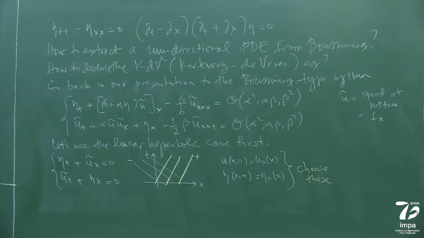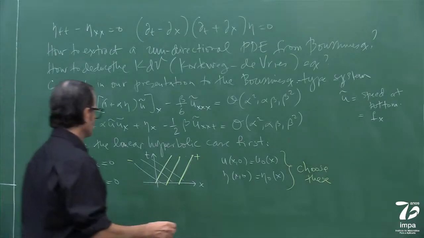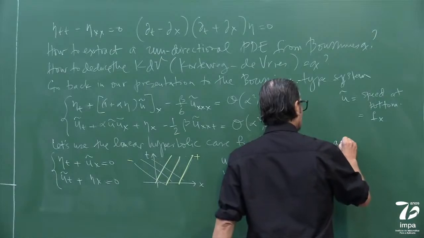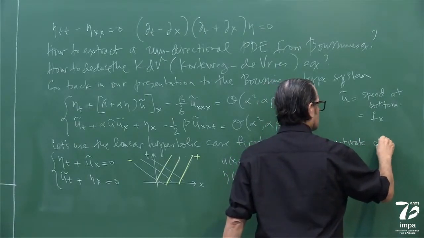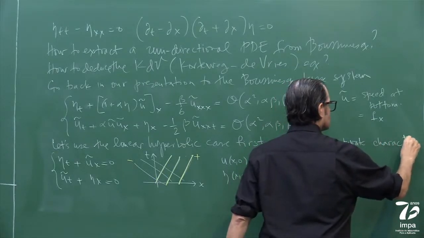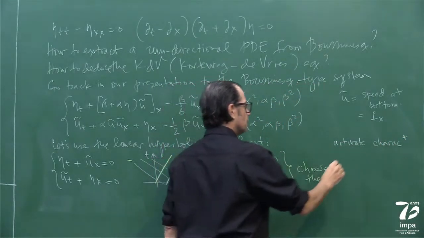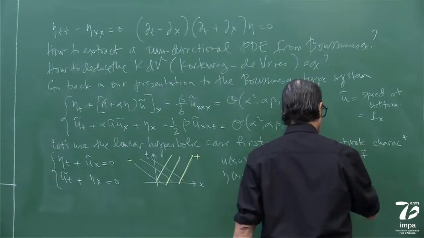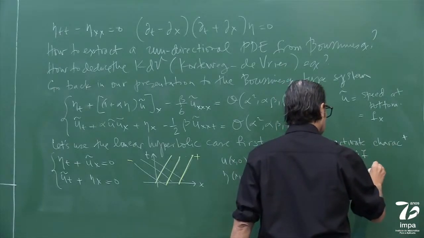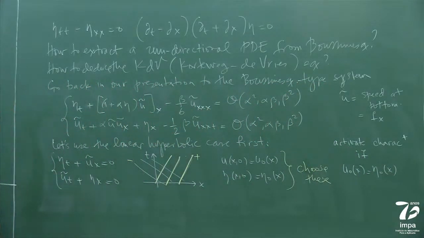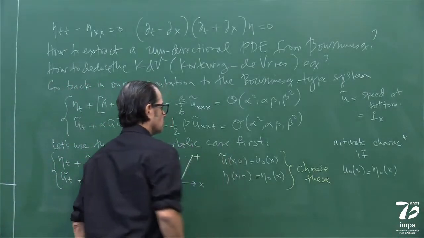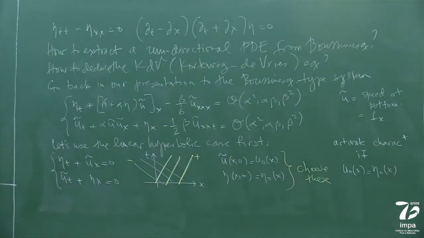It's a fun thing. So the answer: activate characteristics plus if u(x,0) is equal to eta(x,0). Well, here it's u tilde.